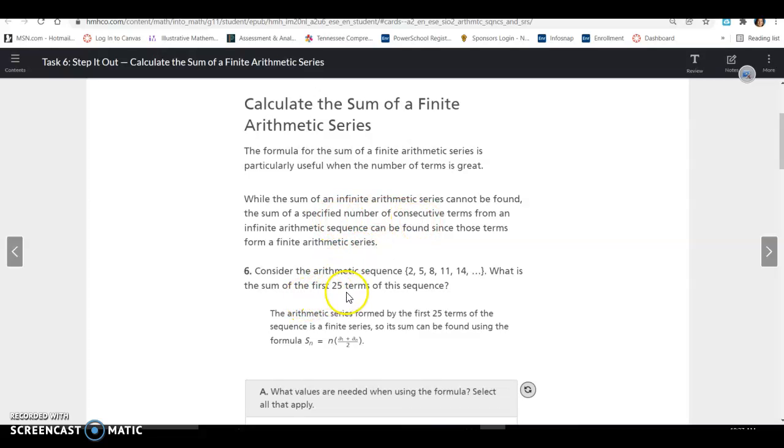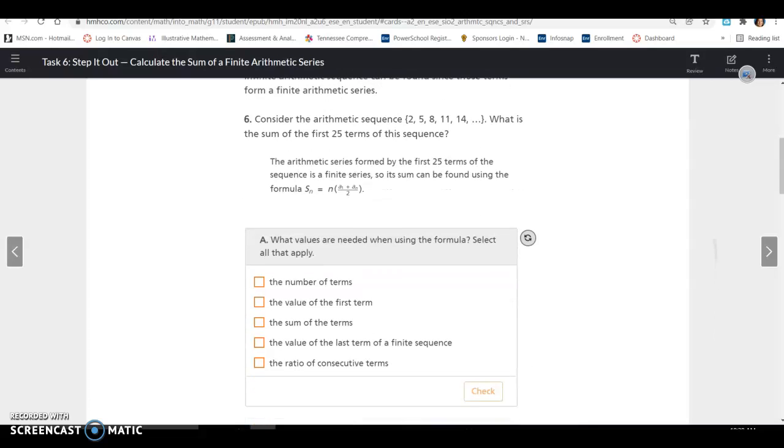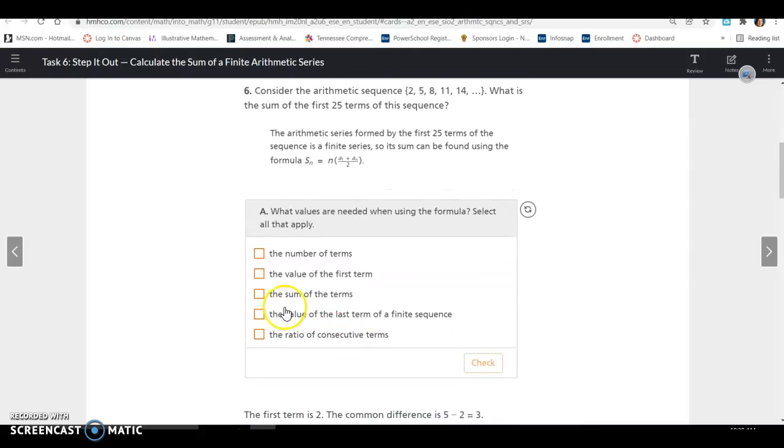So since it asks us to find the first 25 terms of this sequence, we can do that. It says the arithmetic sequence formed by the first 25 terms of the sequence is a finite series. So its sum can be found using the formula s of n equals n times a sub 1 plus a sub n over 2. This is the formula we found in the last task. So now we're going to use that formula.